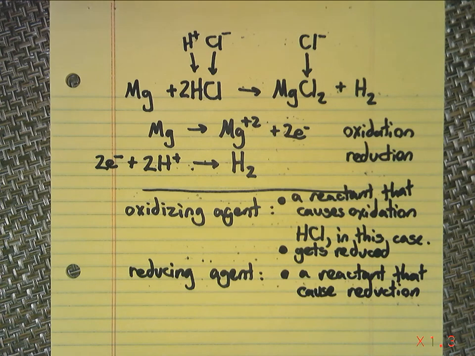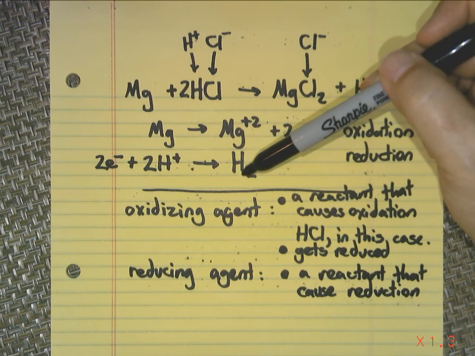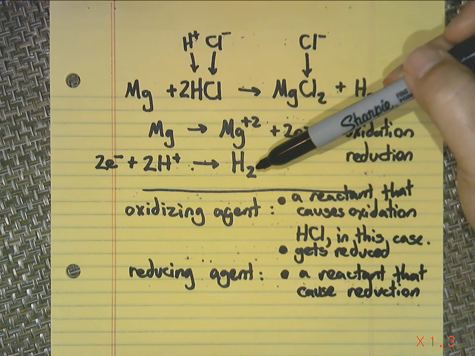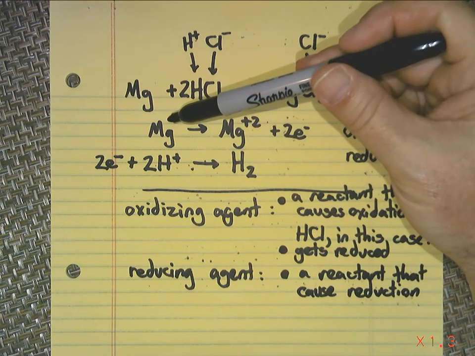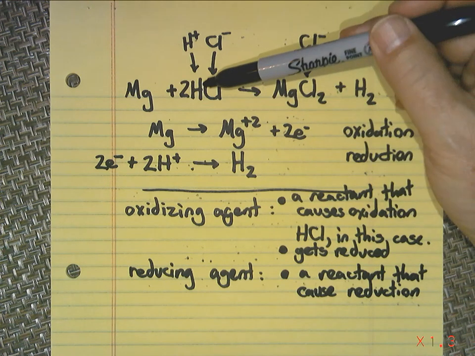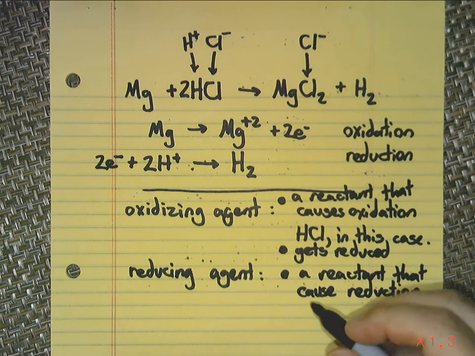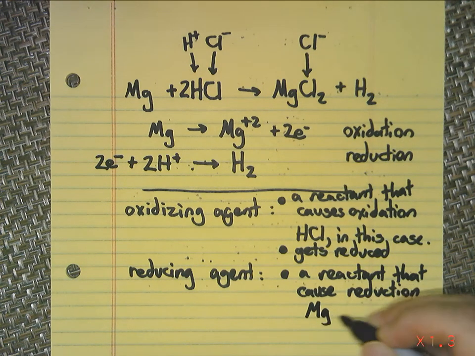So, what do you think the reducing agent is in this reaction? What causes something to be reduced? Well, now the thing that gets reduced is this. What causes that to be reduced? It's the magnesium. It's got to be a reactant. It causes the H plus to be reduced to H2. So in this case, the magnesium.